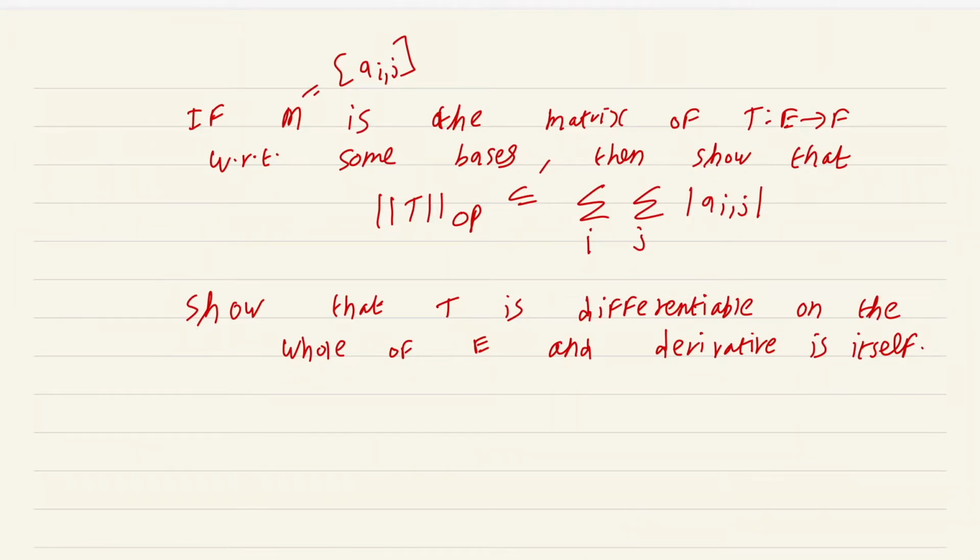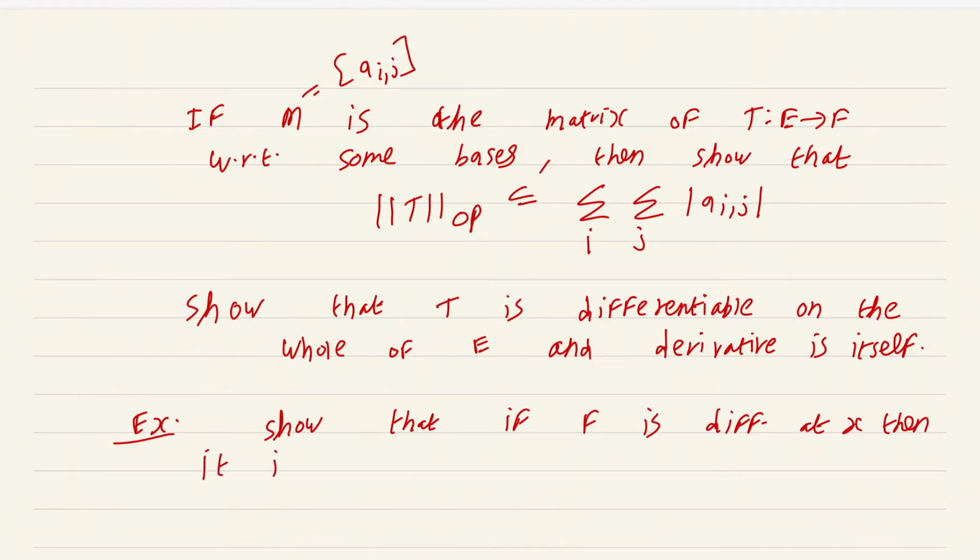Okay, now I'm going to leave some more facts for you to check. These are easy. Show that if f is differentiable at x, then it is continuous at x, and the derivative is unique.